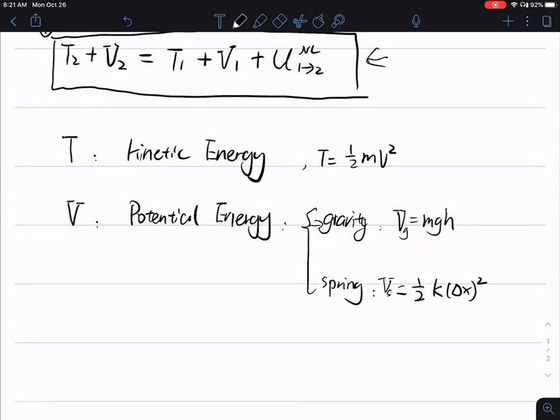It's impossible. We can have 0 spring potential energy, but it has to be always positive because of that delta X. Even if delta X is negative, when you take the square, everything is positive. So we only have 0 or positive spring potential energy, so this is always greater than or equal to 0.